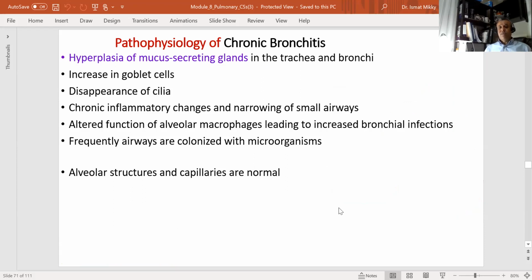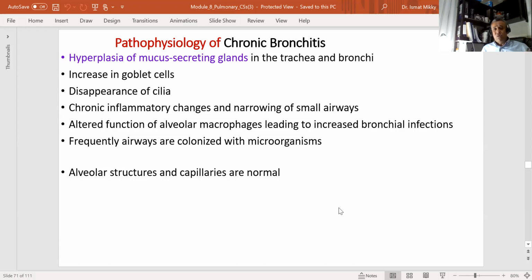In chronic bronchitis, because of the increased and excessive amount of secretions, the airways are frequently colonized with microorganisms. Colonized means there is bacteria, there are microorganisms, but they are not active, like spores. So the excessive amounts of mucus are found and may occlude the small bronchioles.